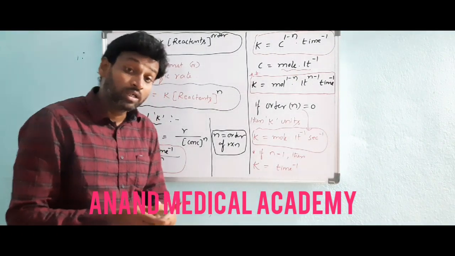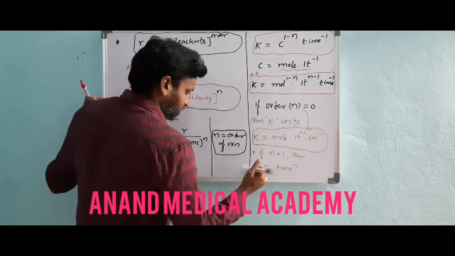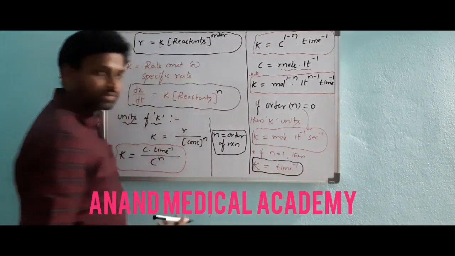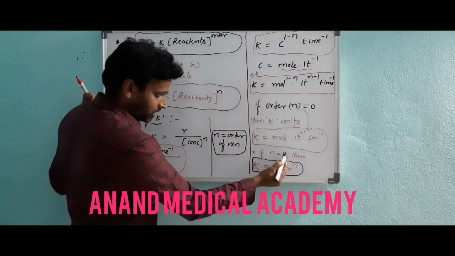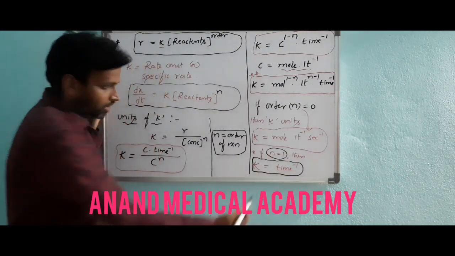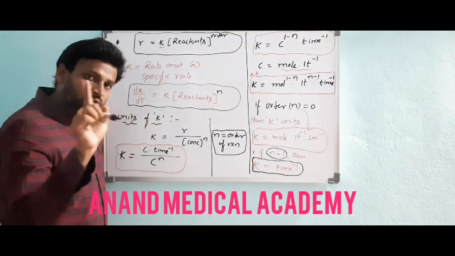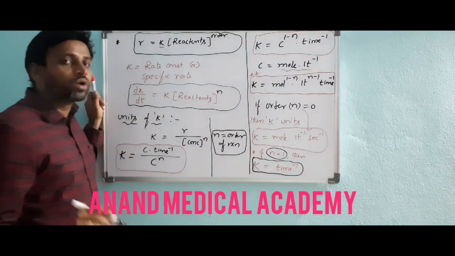That is for first order reaction, rate constant units. First order reaction means n is equal to 1, order of reaction is 1. From units also you can say what is the order of reaction.